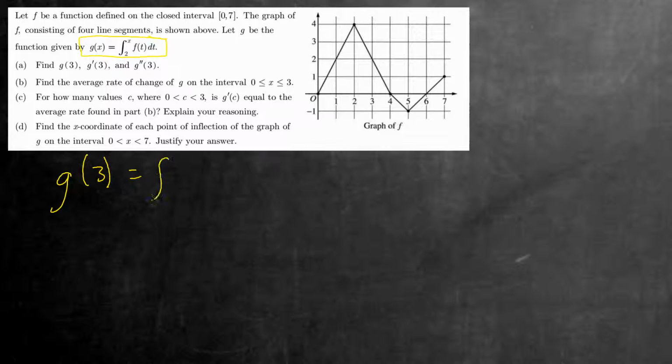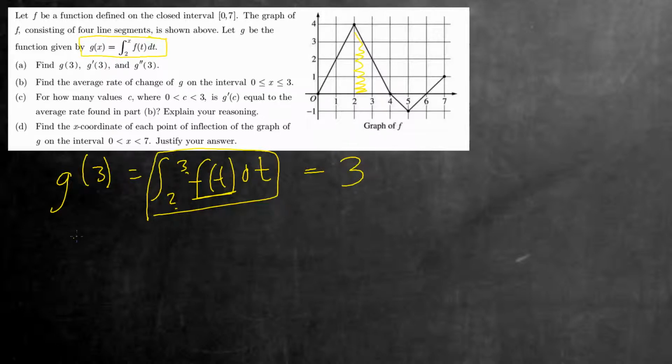G of 3 is the integral from 2 to 3 of f of t dt. So what does this want? The area under f of t from 2 to 3. So we can do a trapezoid, probably just count. The area there is going to be 3.